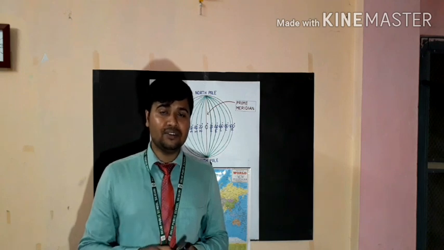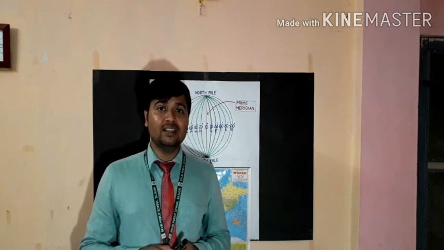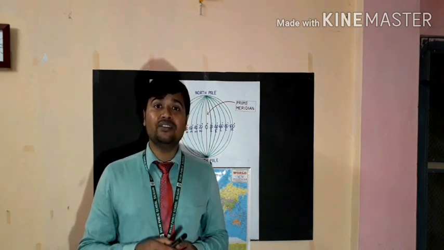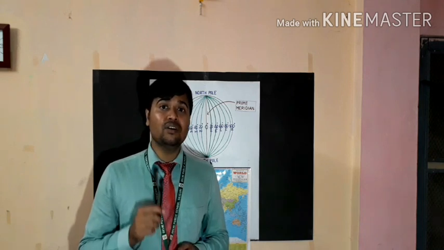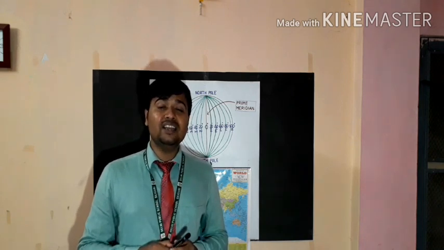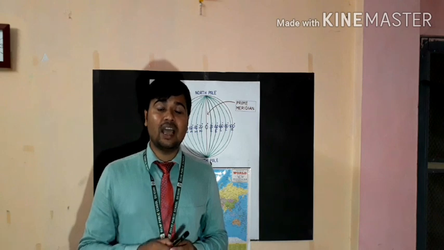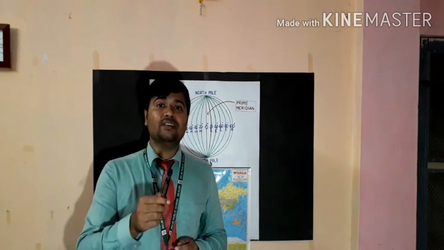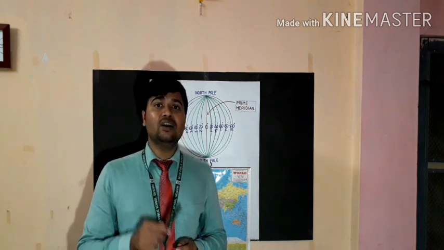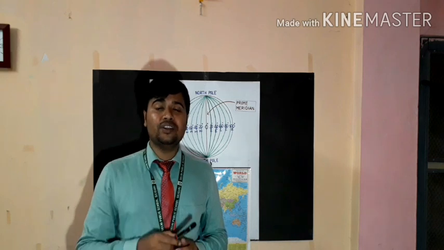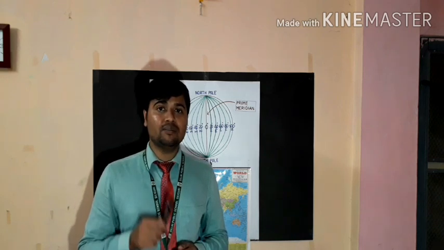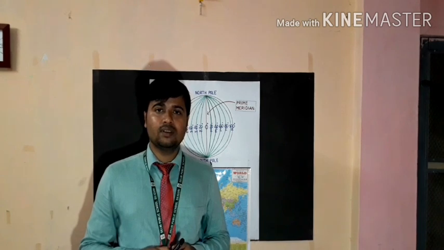Number 5, there are 181 latitudes, whereas there are 360 longitudes. 0 degree latitude is referred to as the equator and 0 degree longitude is referred to as the prime meridian.